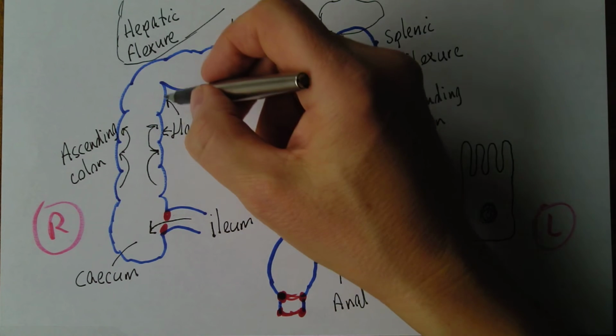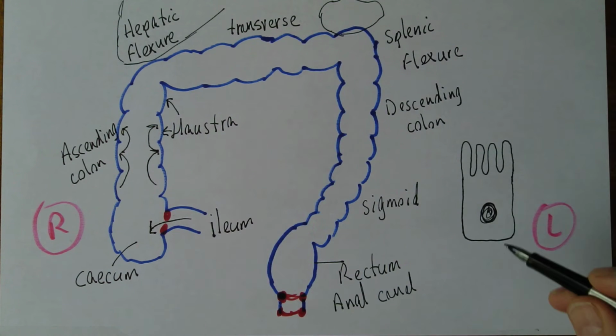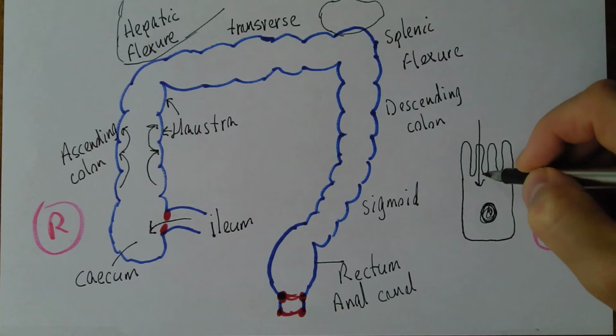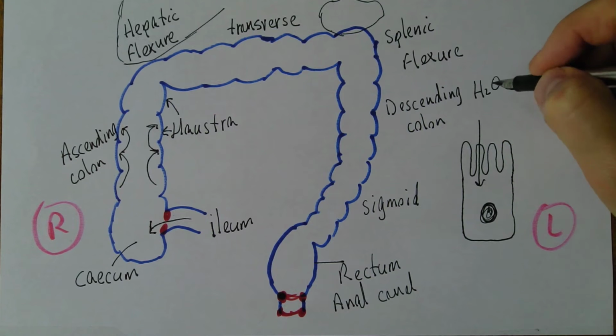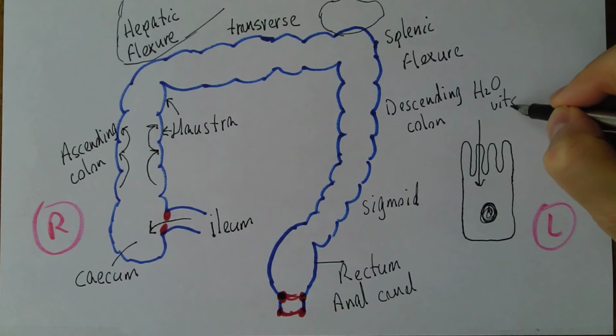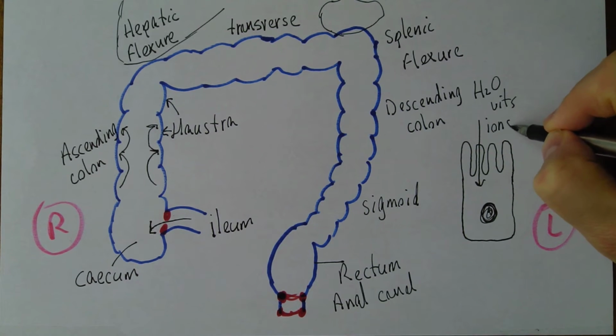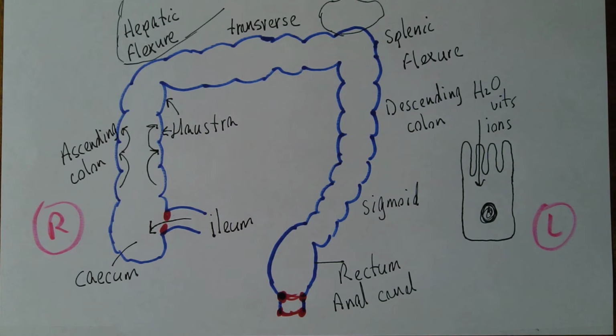So if you imagine that all of this is lined with these columnar epithelial cells with their villi, you can see it's got a very large surface area. And that's very important so that water, some vitamins and ions can be absorbed. Sodium, potassium, various ions are absorbed through the mucosa.